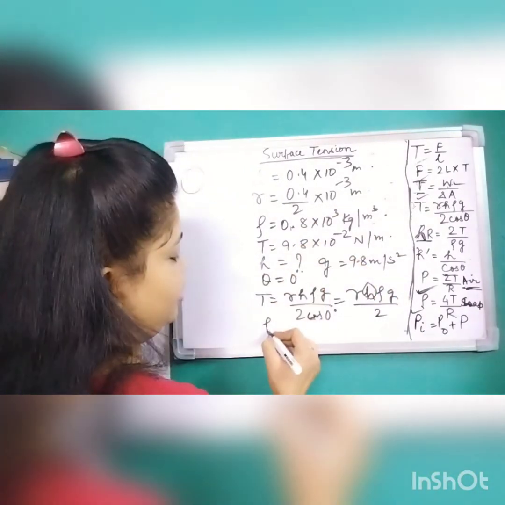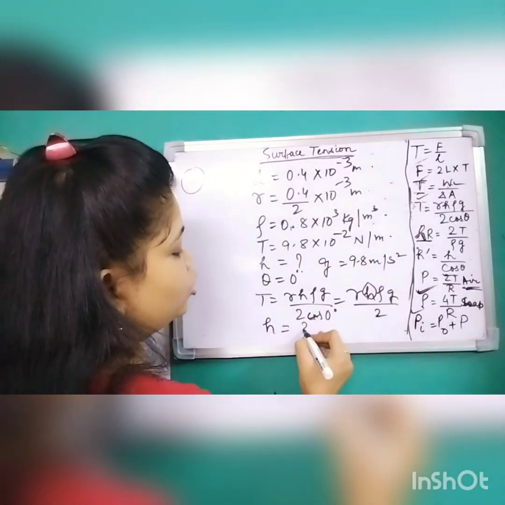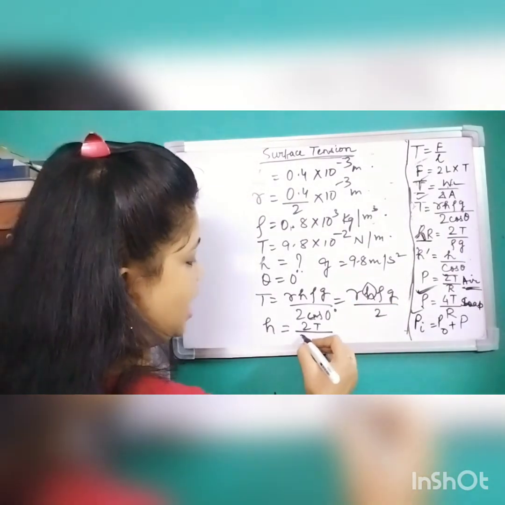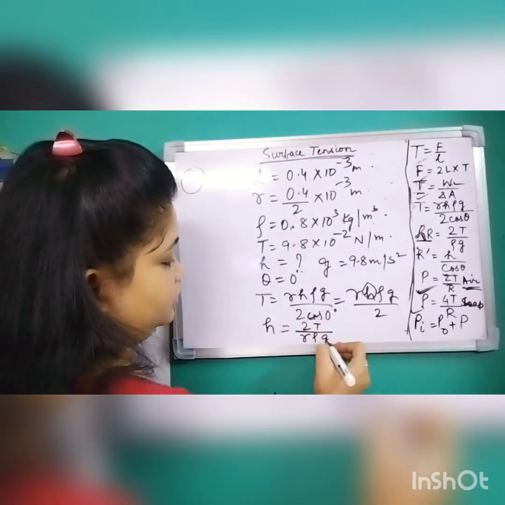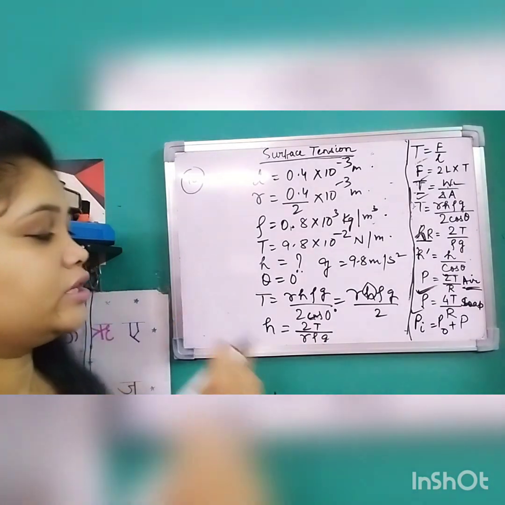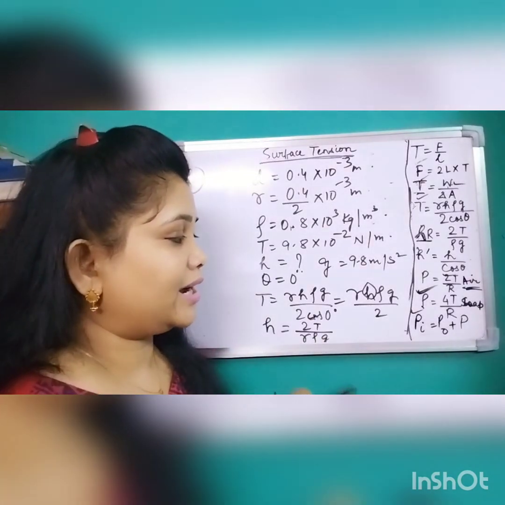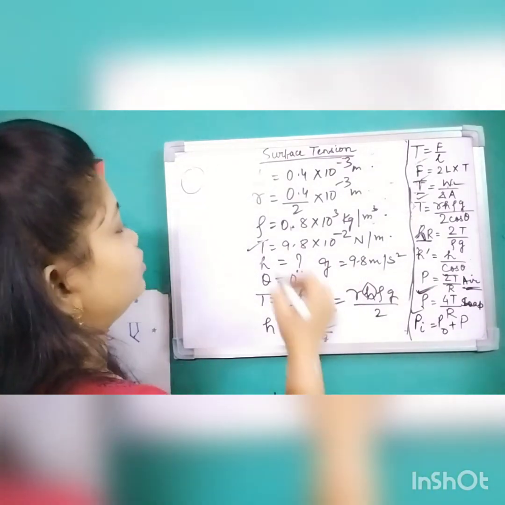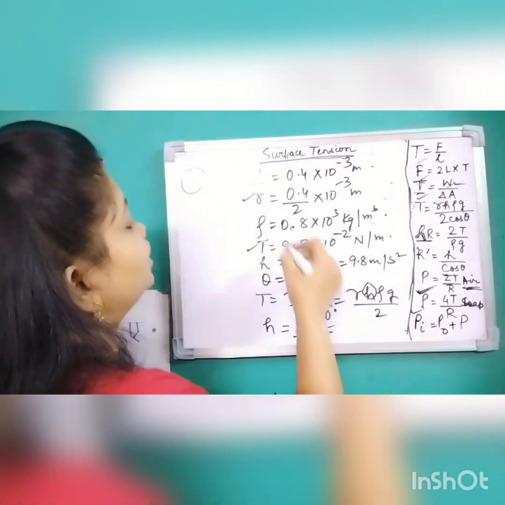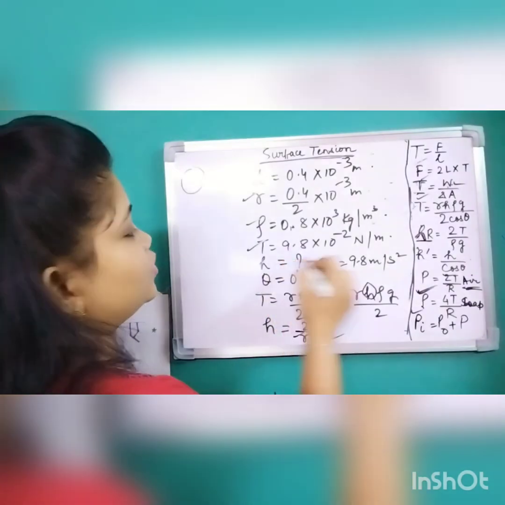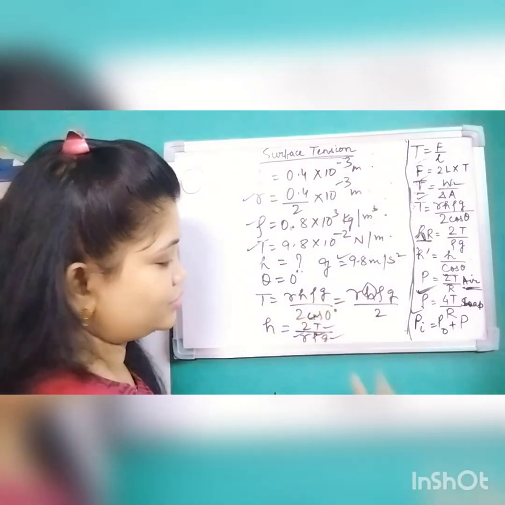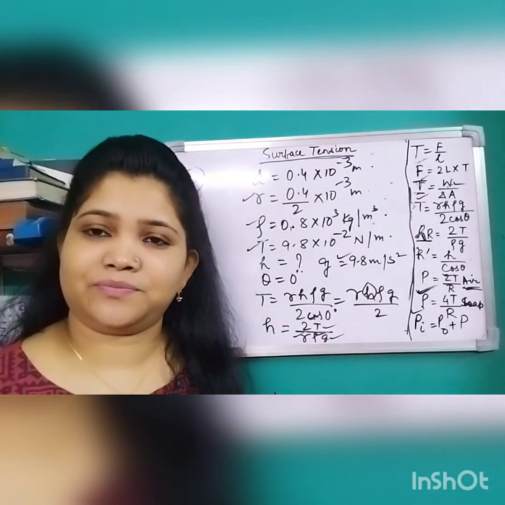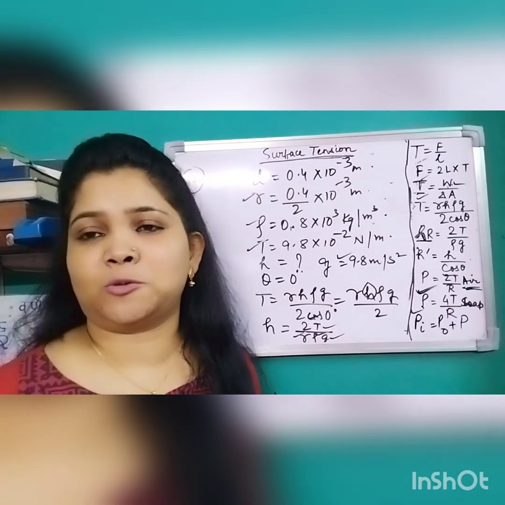H. So H will be 2T by R rho g, 2 into surface tension, by R rho g. T, R, rho and g are all given to you. Put the value, solve, and you'll get the height. So it's just direct application of formula, very easy.